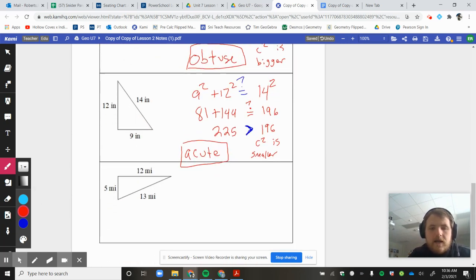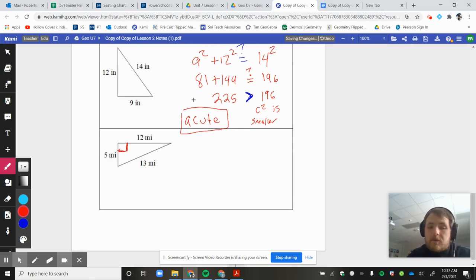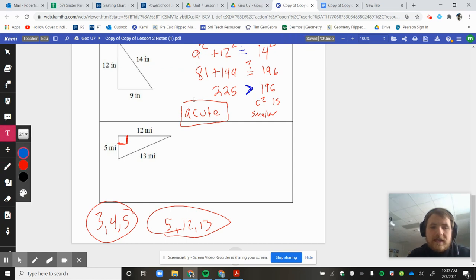Okay. Last one. I'm not even going to do the work here. Why am I not going to do the work? Remember our Pythagorean triples: 3, 4, 5. Boom, automatically a right triangle. Another one: 5, 12, 13. Boom, automatically a right triangle. Pythagorean triple.